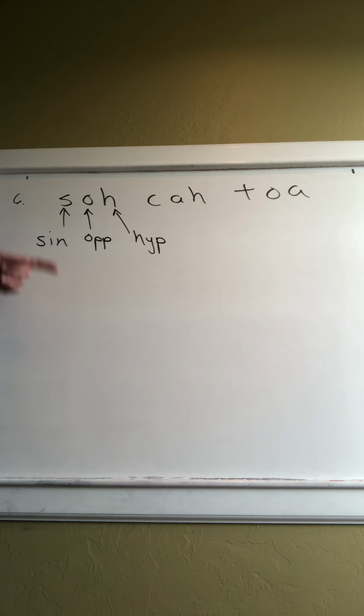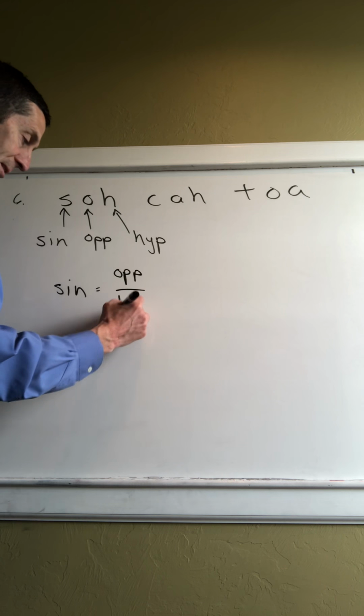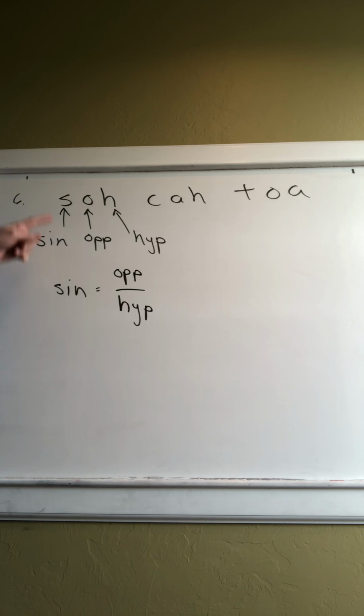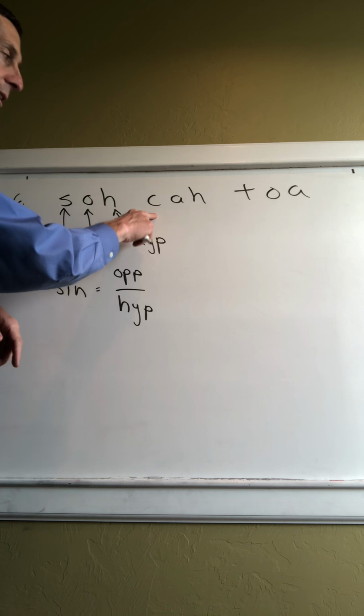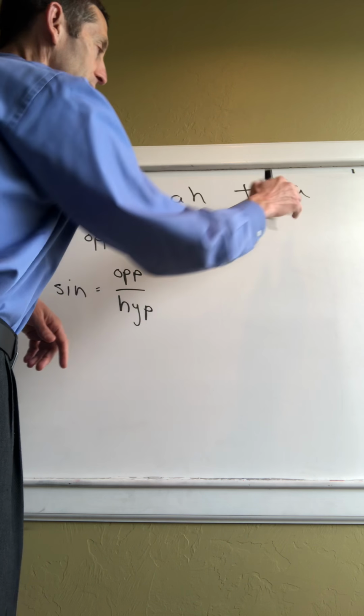So this is how it works. Sine, opposite, hypotenuse. So that helps us remember that sine is equal to opposite over hypotenuse. Sine for S, opposite with an O, hypotenuse with an H. So sine is opposite over hypotenuse. Cosine is adjacent over hypotenuse. Tangent is opposite over adjacent.